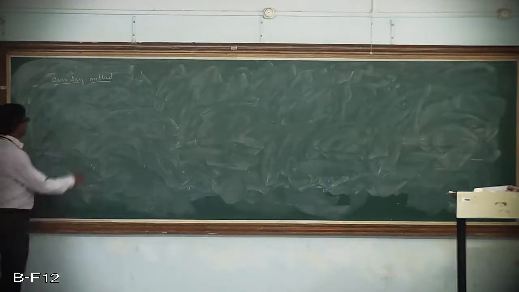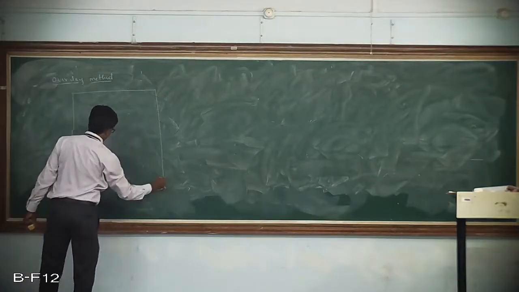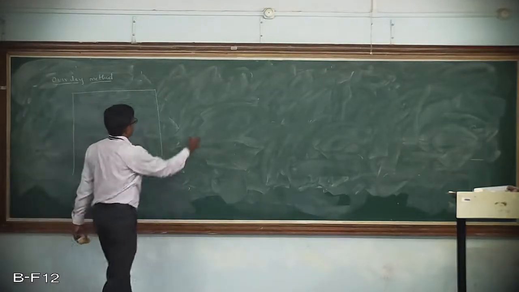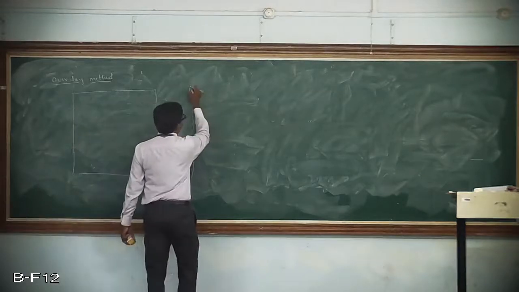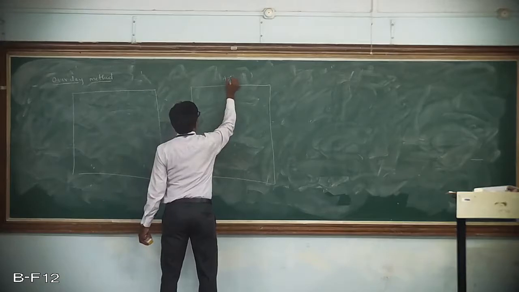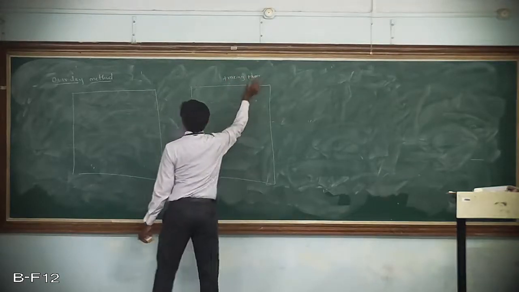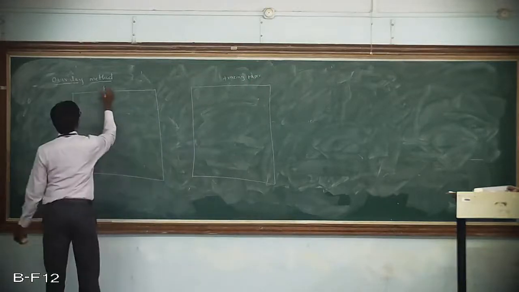In this method, they use 2 sheets: one will be a tracing paper, and one more is a plain paper.